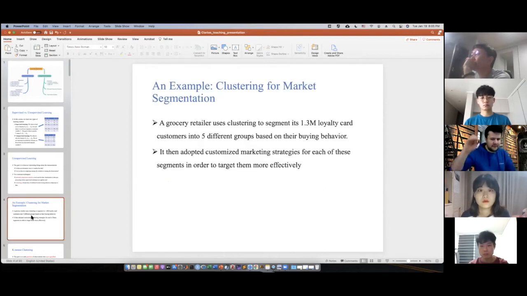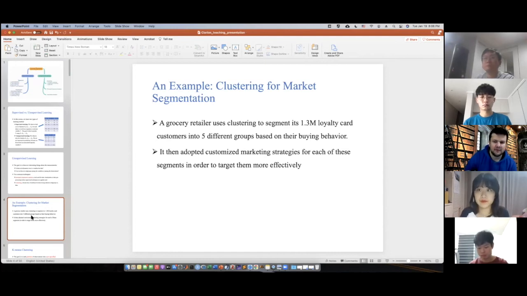So let's see an example for clustering. Let's say a grocery retailer uses clustering to segment its 1.3 million loyalty card customers into 5 different groups based on their buying behavior. Using those results, the retailer can adopt customized marketing strategies for each of these segments in order to target them more effectively.